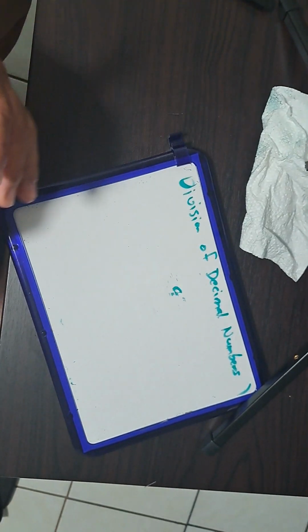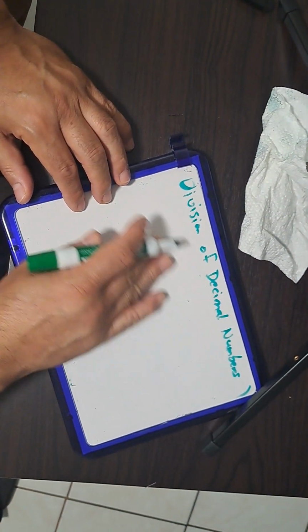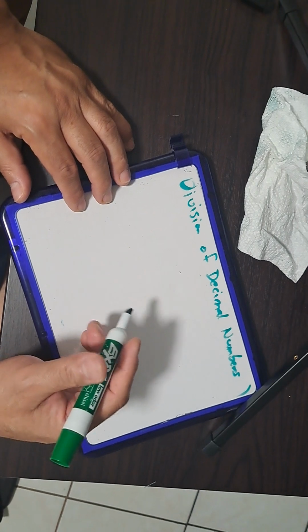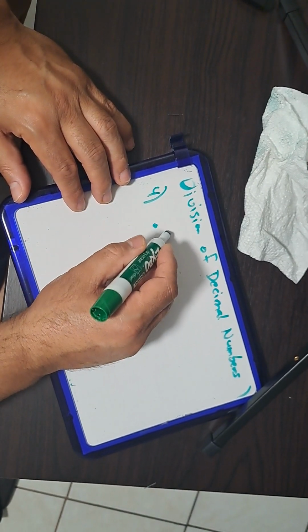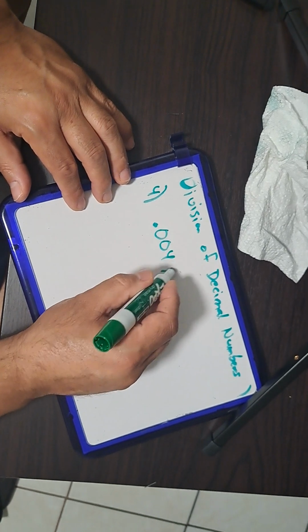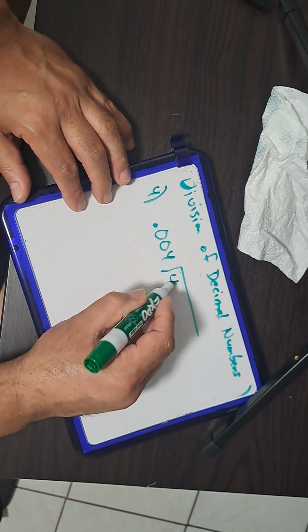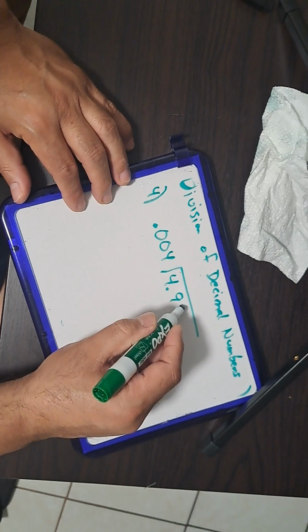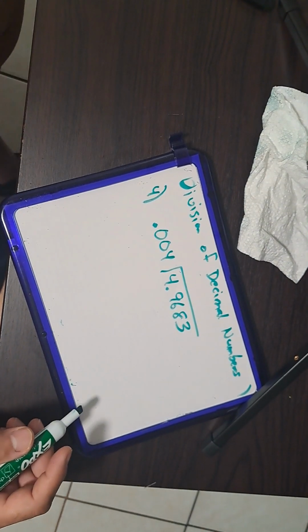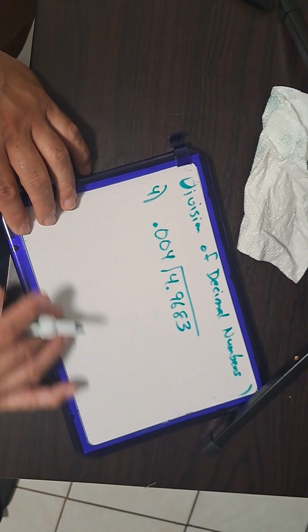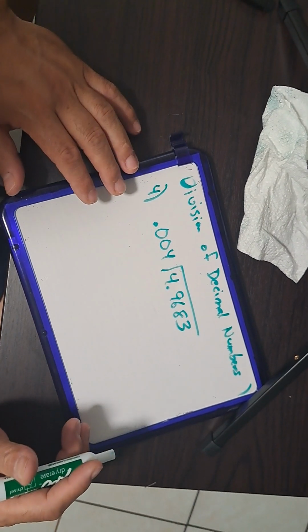Let's do one more. Let's say you have this number. So again, let's do the rules, right?